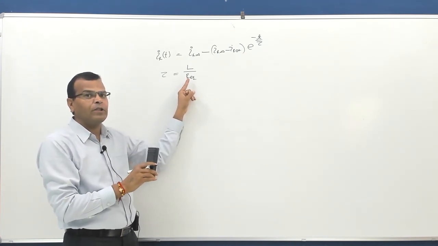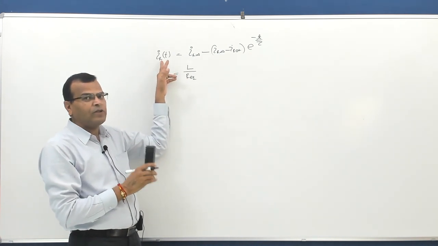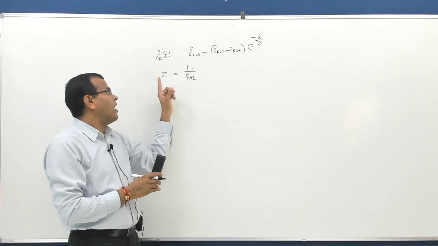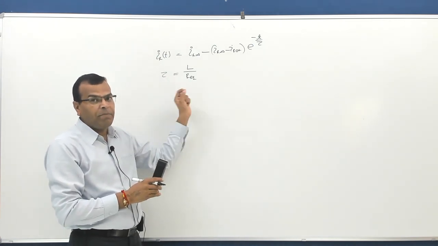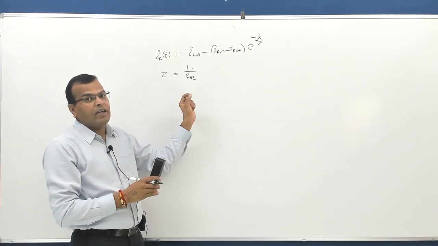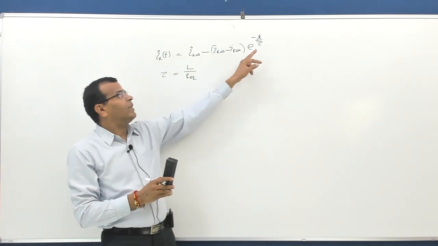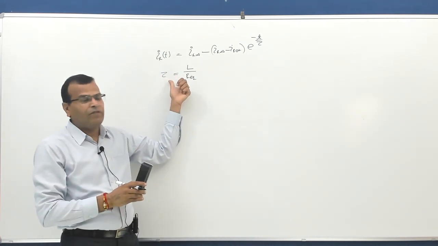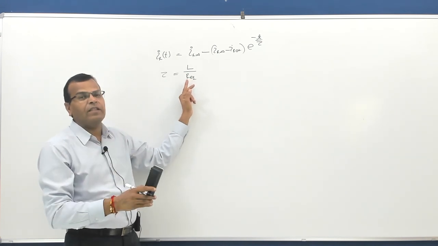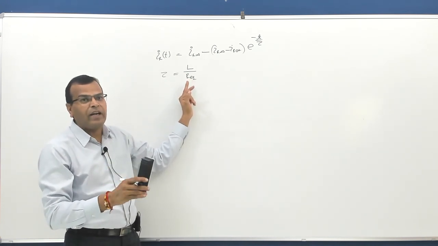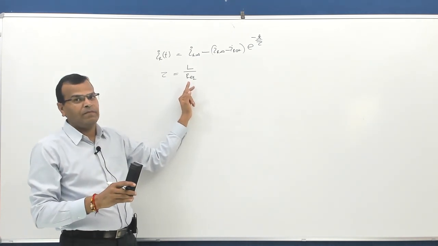You have to remember this point. For calculation of current through any resistance in first order RL circuit, I have to calculate time constant exactly in the same manner that I did in case of current through the inductor. Tau here is time constant, which is nothing but L by R equivalent, and this R equivalent is the Thevenin's equivalent resistance seen across the inductor terminals only.